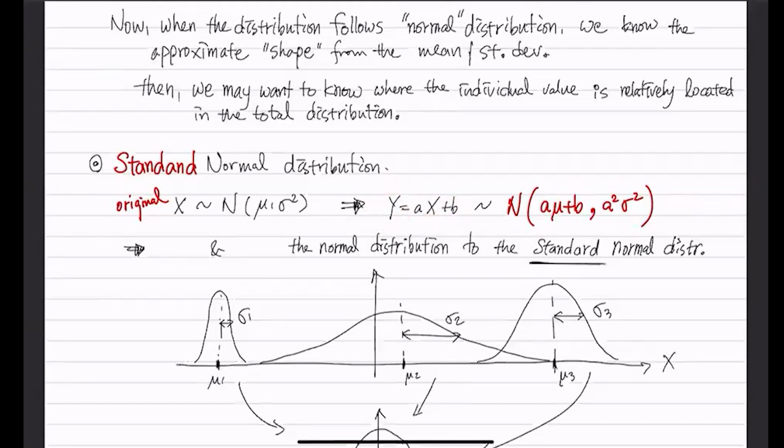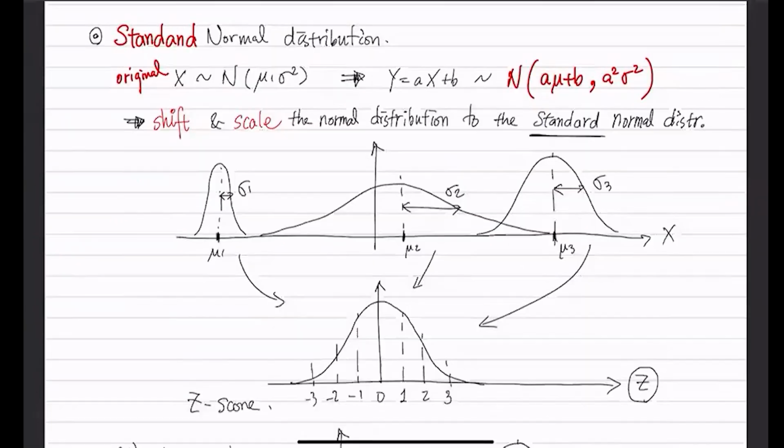So in other words, the meaning here is you can shift and scale a normal distribution into a standard normal distribution. Say this is a normal distribution. If you squeeze it to make it a thinner one, it is still a normal distribution.